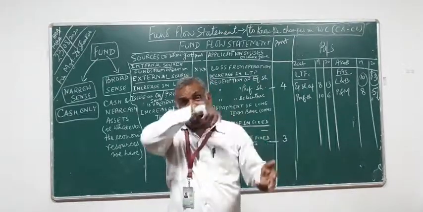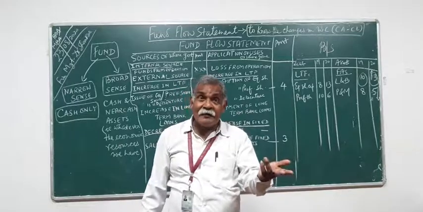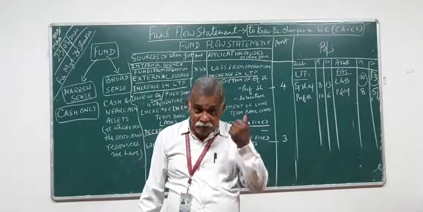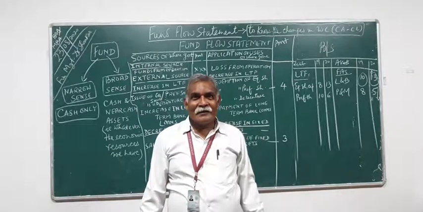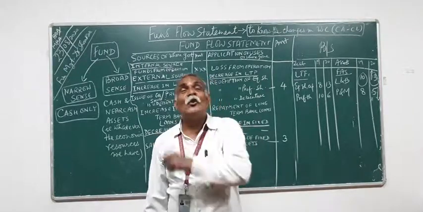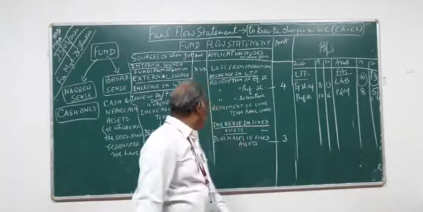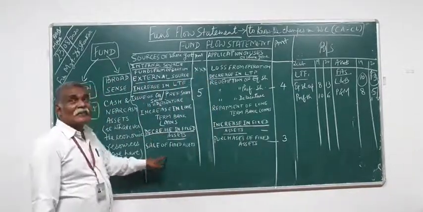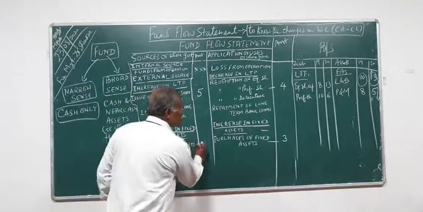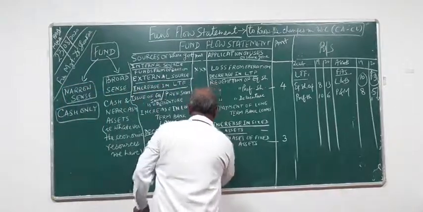Sold means you got the fund, and when you got the fund, it becomes your source. So here, a decrease in fixed assets, sale of fixed assets. Of how much? Sale of fixed assets of 3 rupees.